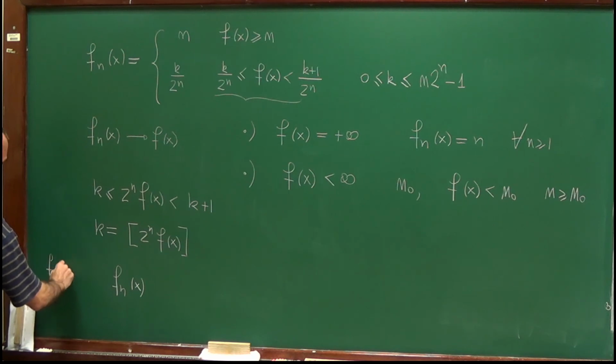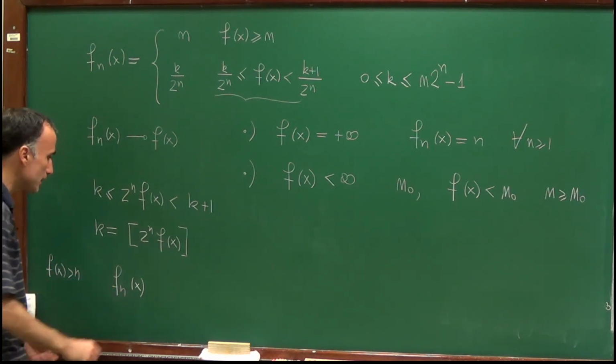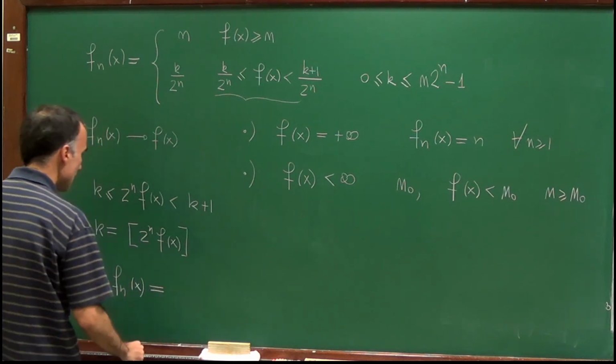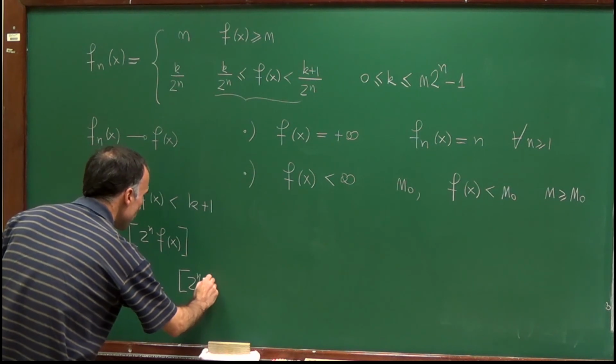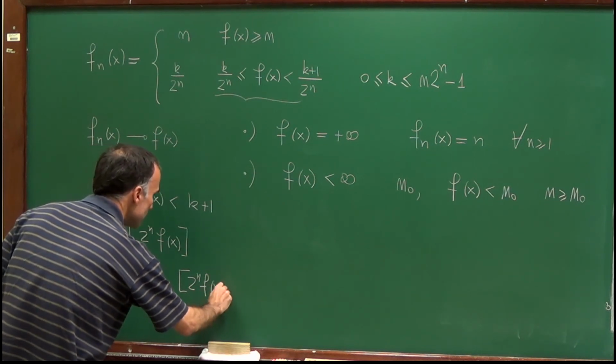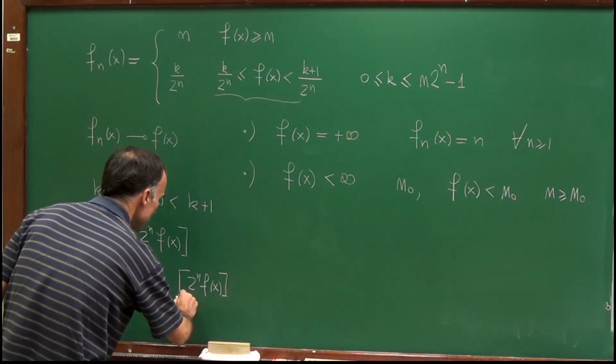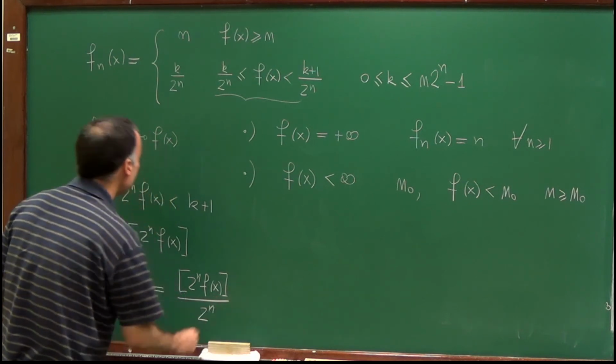Well, if f of x is smaller than n, then I'm defining Fn of x as the integer value of 2 to the power n times f of x, divided by 2 to the power n. Right?